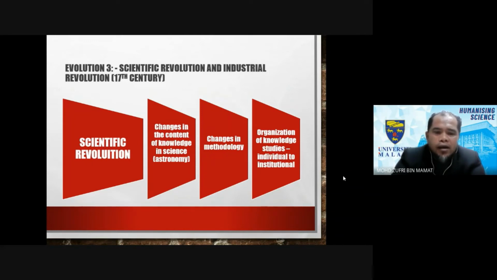Among them were changes in the content of knowledge in science, which occurred in astronomy; changes in methodology, from the use of the mind to a more empirical approach; and the organization of knowledge from individual to institutional.